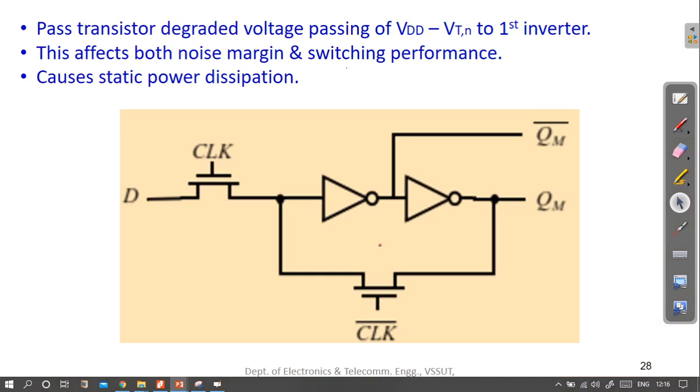It can also be constructed using pass transistors, if there is a need to reduce power consumed and to reduce area by reducing the number of transistors used in constructing the circuit. So for reducing area, number of transistors and power, the same latch could also be implemented using pass transistors.